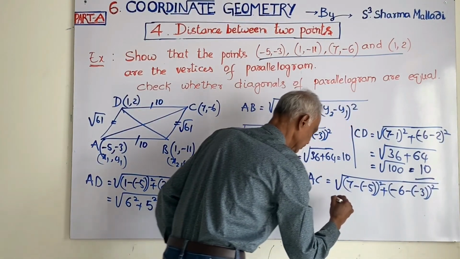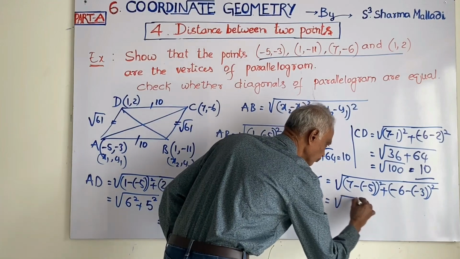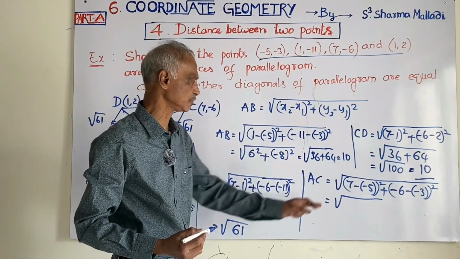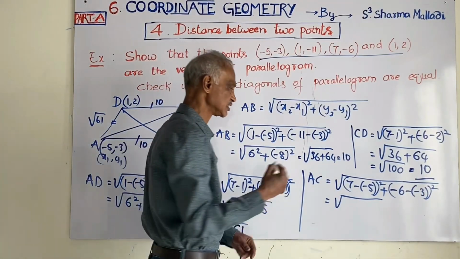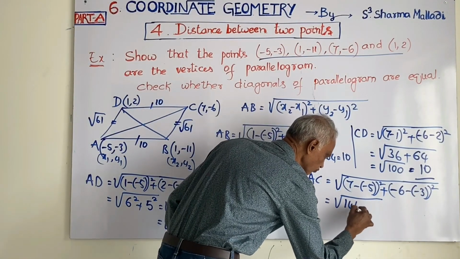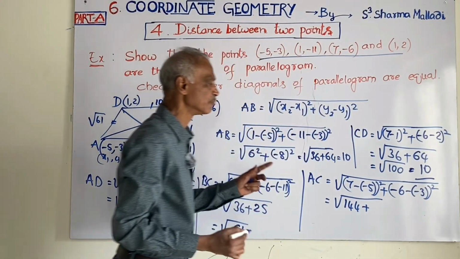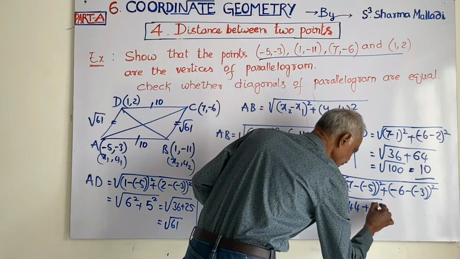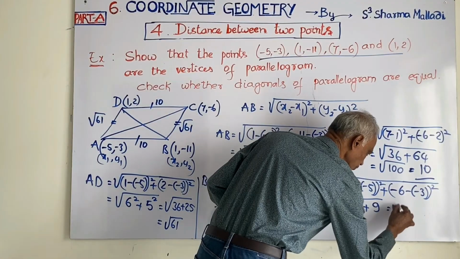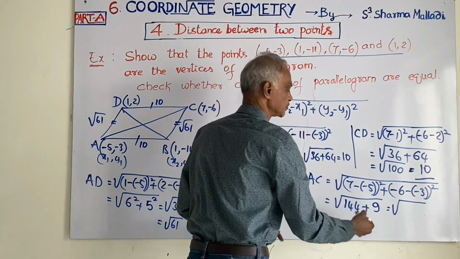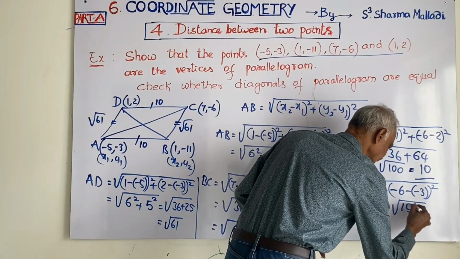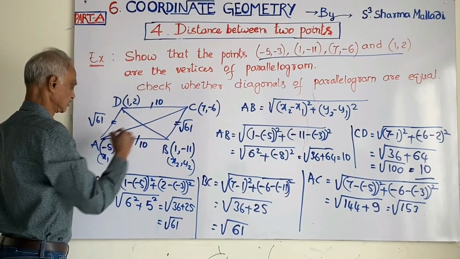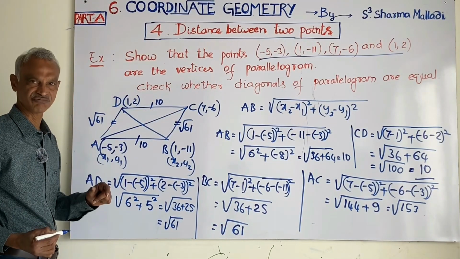Root of 7 plus 5 whole square. 7 plus 5 means 12. 12 square means 144, plus minus 6 plus 3 means minus 3 square, you will get 9. You add these two, 153, root of 153. The AC will be root of 153.